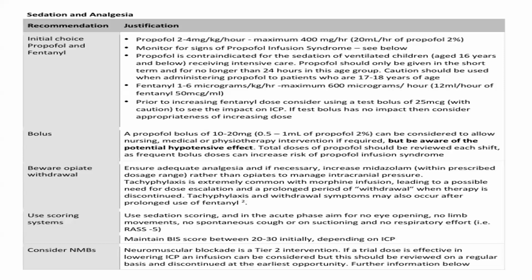Use the sedation scoring system, and in the acute phase aim for no eye opening, no limb movement, no spontaneous cough, no response to suctioning, and no respiratory effort. Maintain the bispectral index score between 20 and 30 initially. Consider a neuromuscular blockade prior to intervention. If a trial dose is effective in lowering ICP, then infusion can be considered, but this should be reviewed on a regular basis and discontinued if needed.